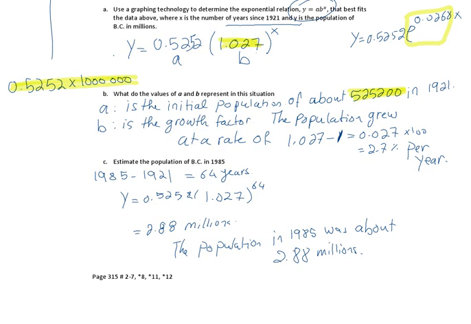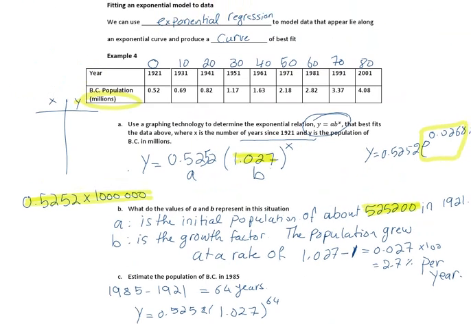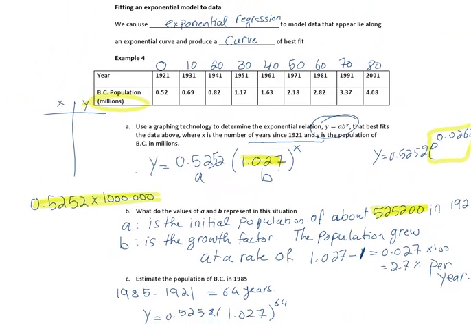It should be somewhere in between the two. If it's not, that means you've done something wrong. Go back and check your work. Between 1981 and 1991, 2.82 to 3.37, so anywhere in between the two would be fine. Okay?